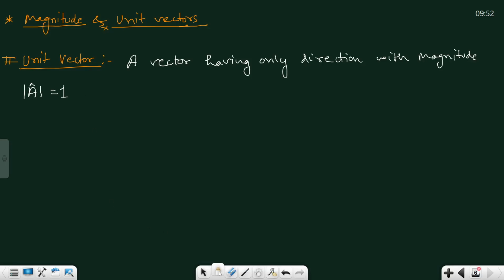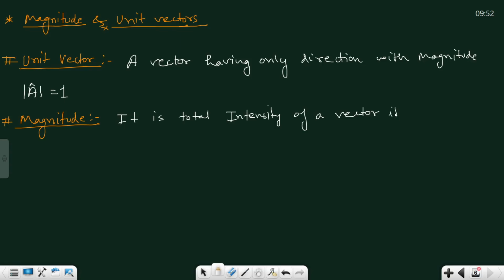And what about the magnitude? It is the total intensity of a vector.